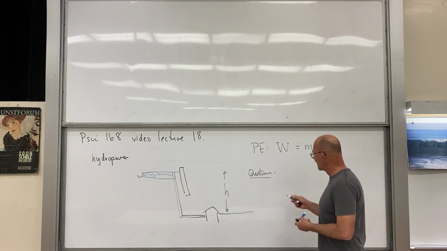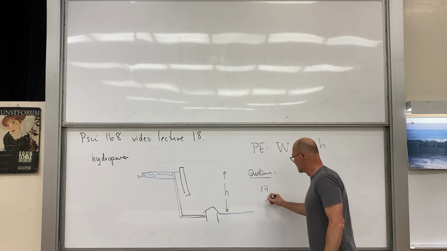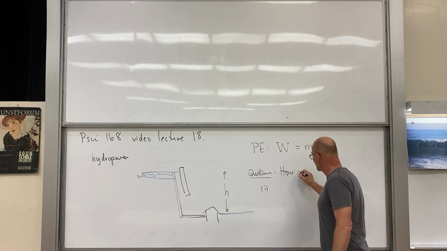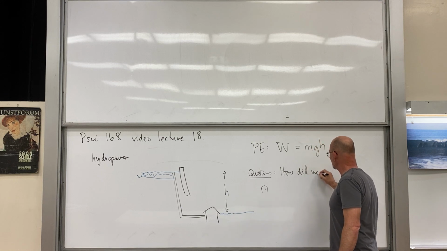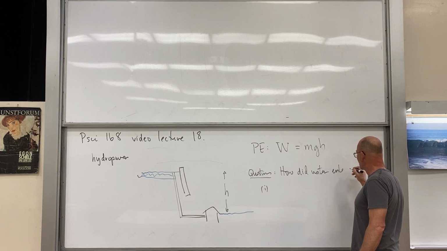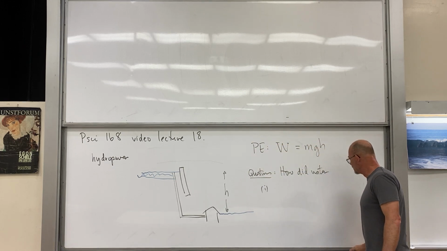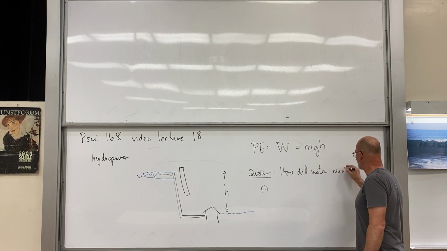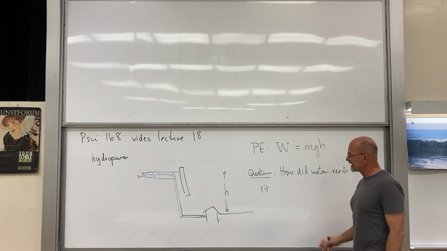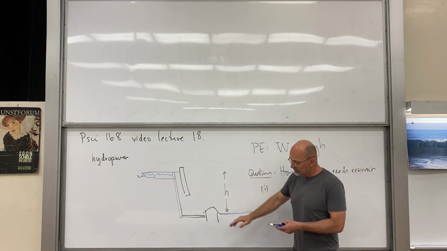And the obvious answer, better write down the question first. How did water enter the reservoir? Or how did water reach the reservoir? Because it's that potential energy, it's up there, it's above this lower level.